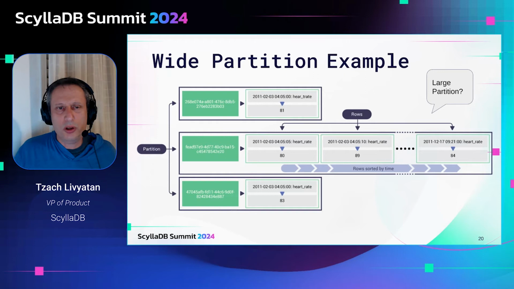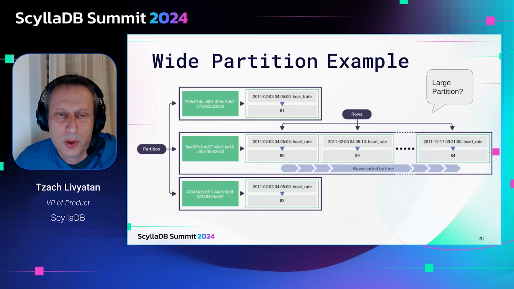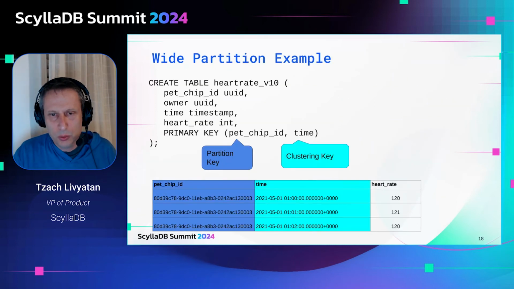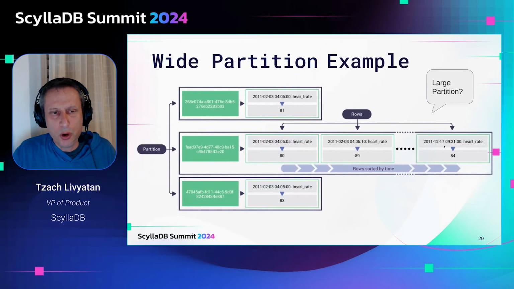And this is roughly how it would look on the storage. You have partitions. Each partition can be on a different node. In each partition, you have a list of rows, and the rows are sorted or ordered by the clustering key. If you remember earlier, we have a clustering key, in this case set to time. So all the rows in the partition are ordered by time.